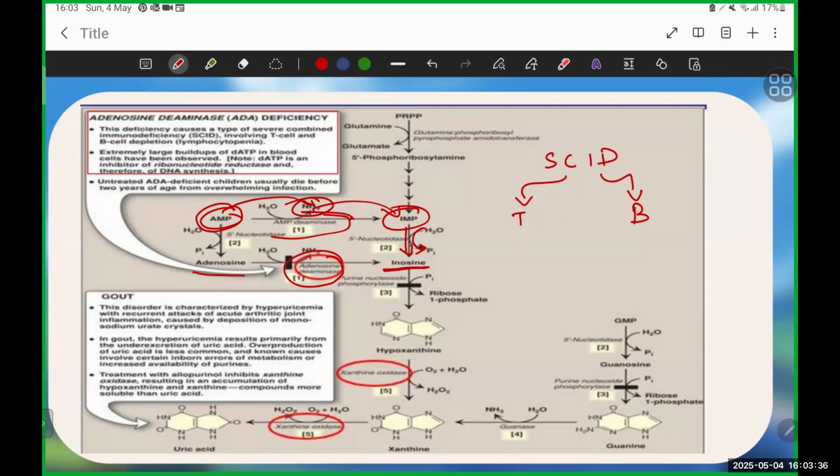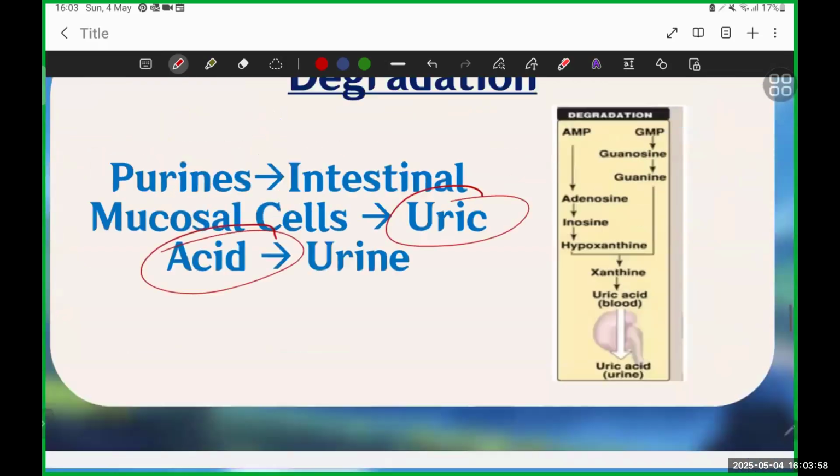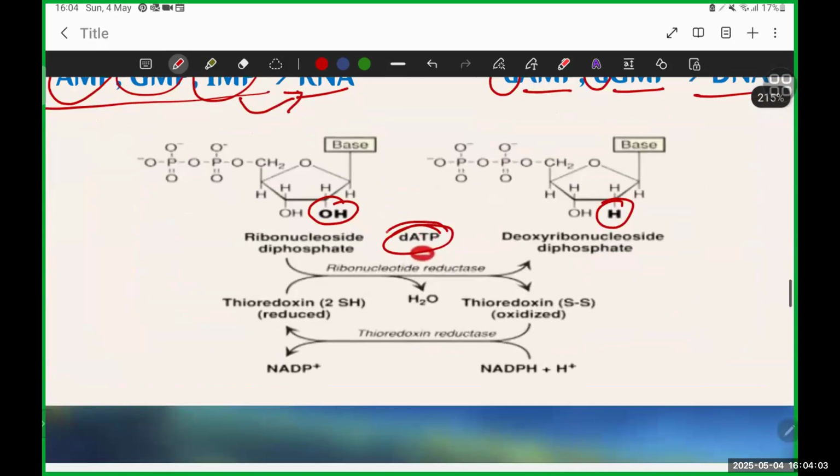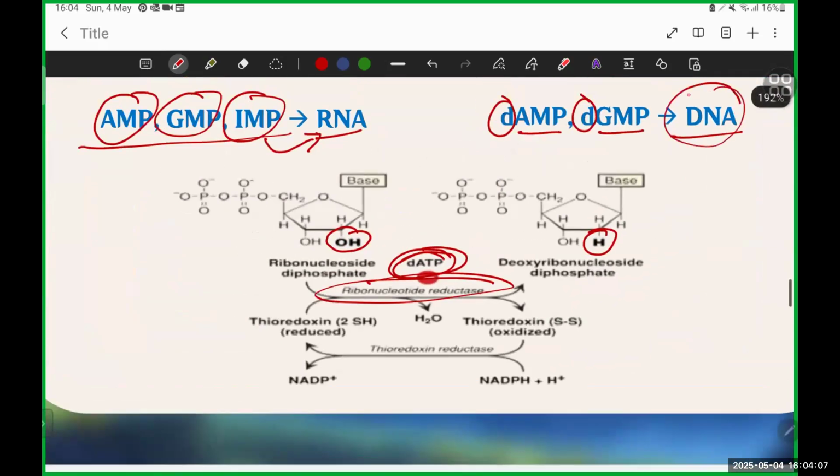If you don't have ADA, basically, you're going to have a lot of adenosine, because ADA is what's giving you IMP, and then you eventually degrade it. But if you don't have that, you're going to have a lot of adenosine here, right? Now, as I said over here, you have more dATP, and you stop this process of making DNA eventually, because it's like a feedback mechanism.